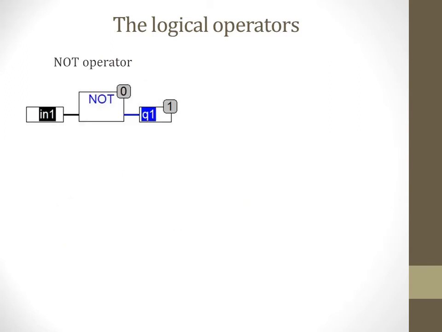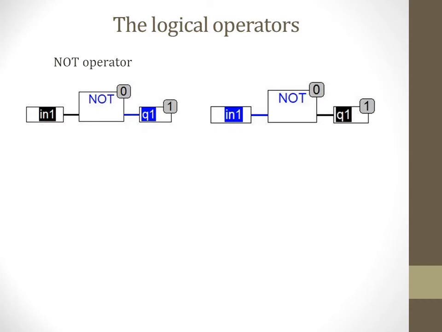So NOT operator. As we see from this picture, in the output of this NOT block, we have an inversion of the input. As we see such information from the next picture.